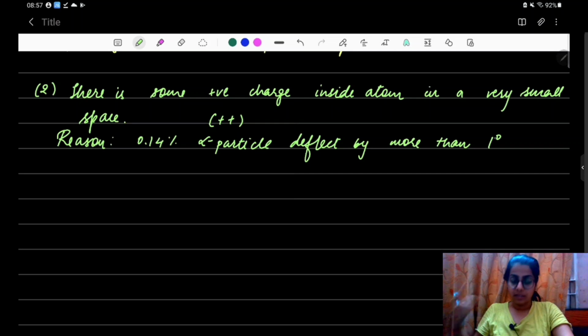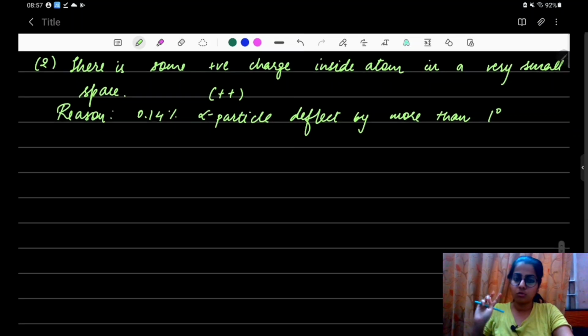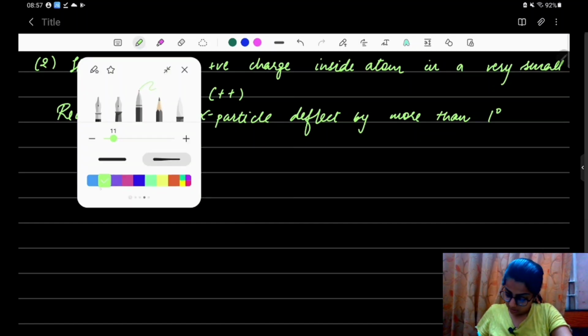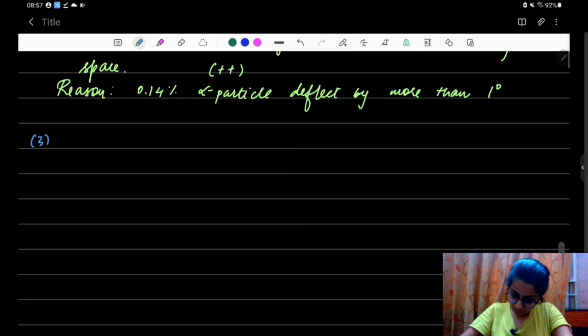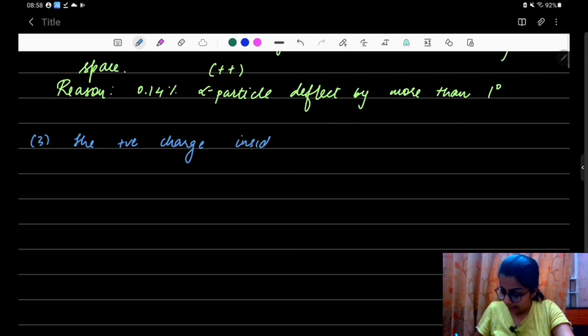Next observation. Now it is known that there is some positive charge inside the atom and the space is very small. The next observation tells us the positive charge inside the atom is concentrated.